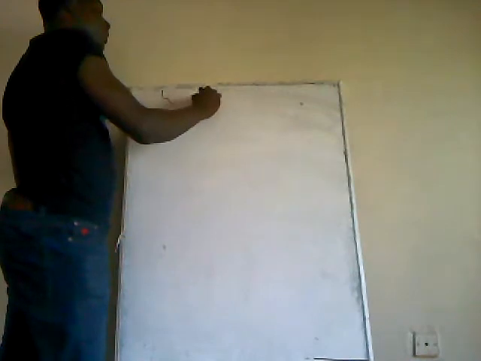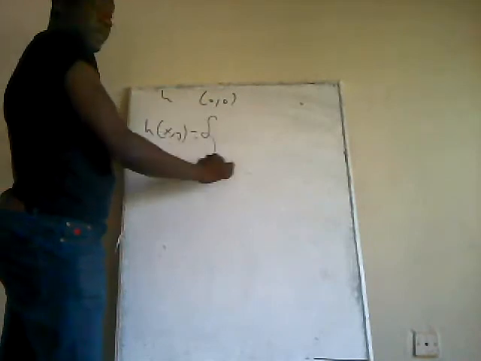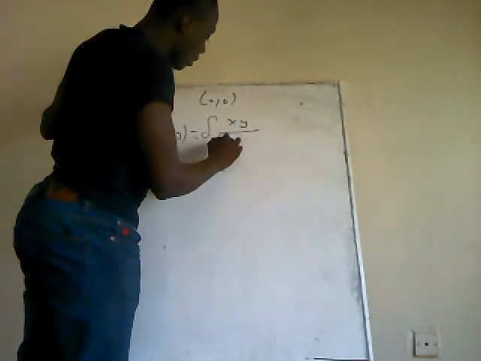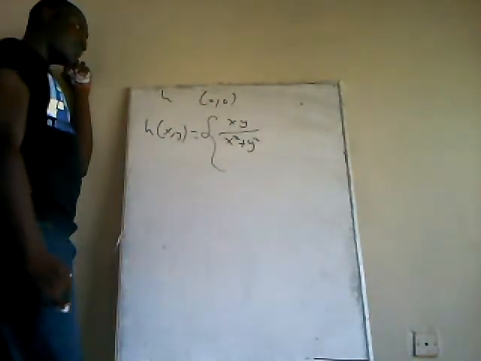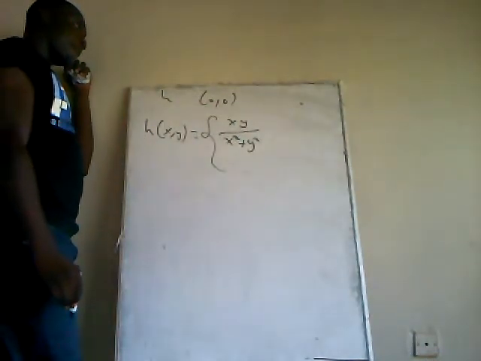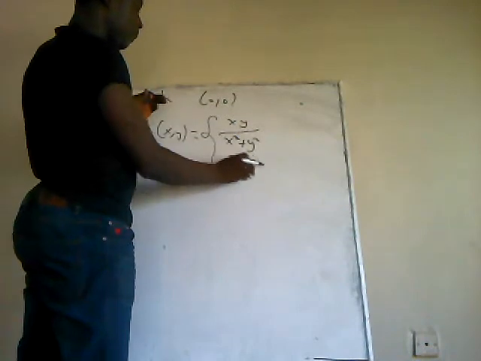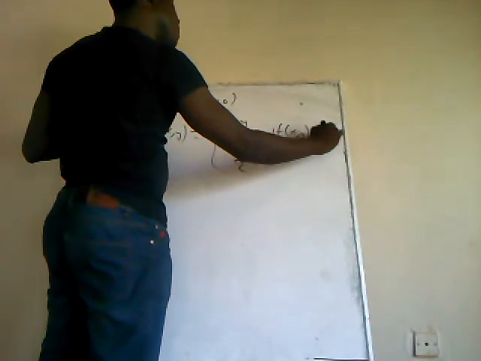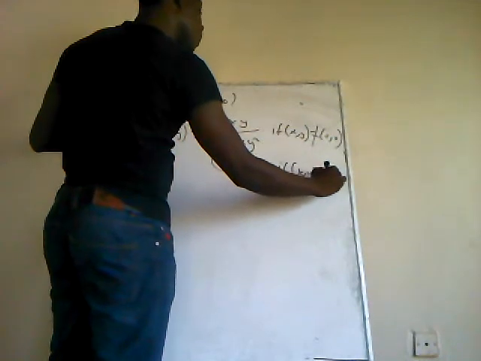We want to determine whether the function h is continuous at 0, 0, where h of x, y is defined as x y all over x squared plus y squared, if x, y is not equal to 0, 0, and it is 2 if x, y is equal to 0, 0.